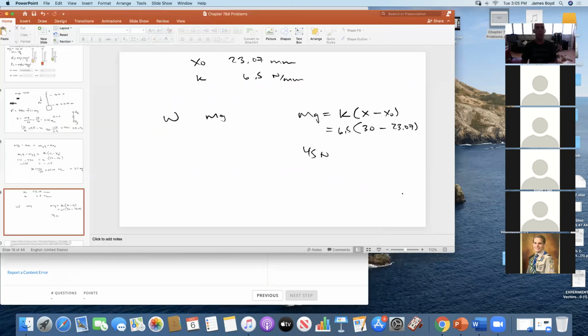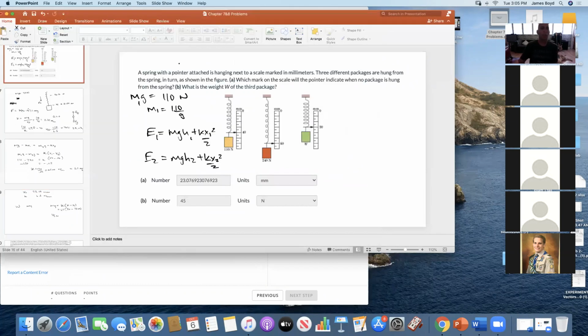But the point is, this is one of those weird problems where you have to be able to say that the force of gravity and the force of the spring are equal and opposite. And then from there, you have to know that this is Kx and this is mg. And from there, you have to know that there's always an equilibrium point on springs.